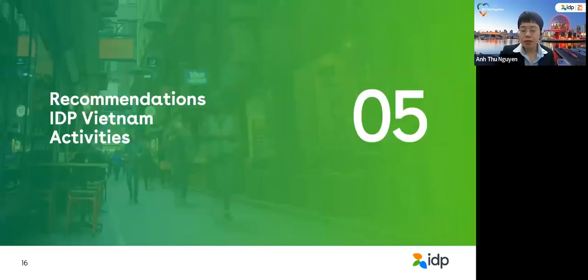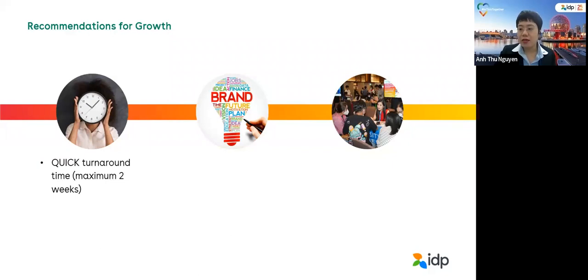And now we have some recommendations for you. The first thing, we need you to improve your application processing times and flexible credit exemption process, offer scholarships if you can, and join our IDP Fast Lane.